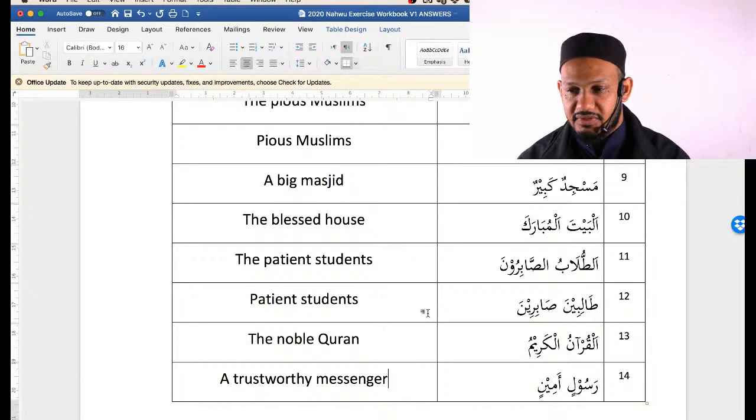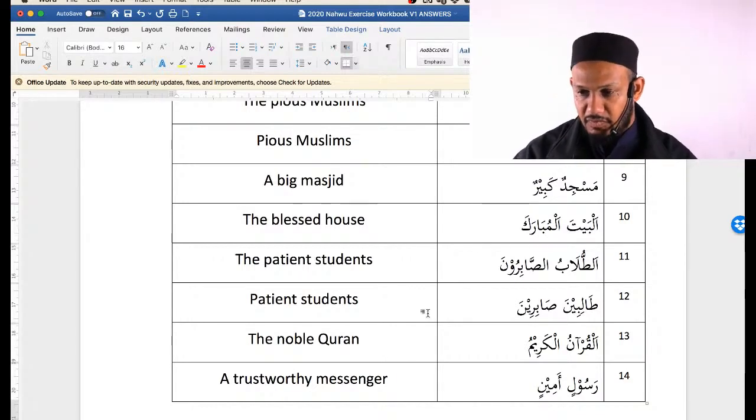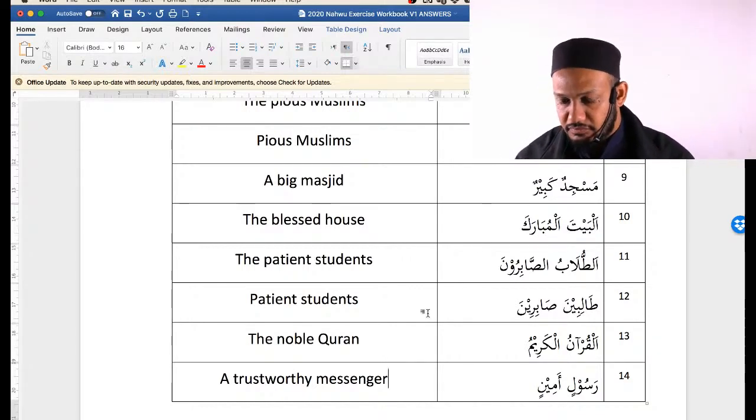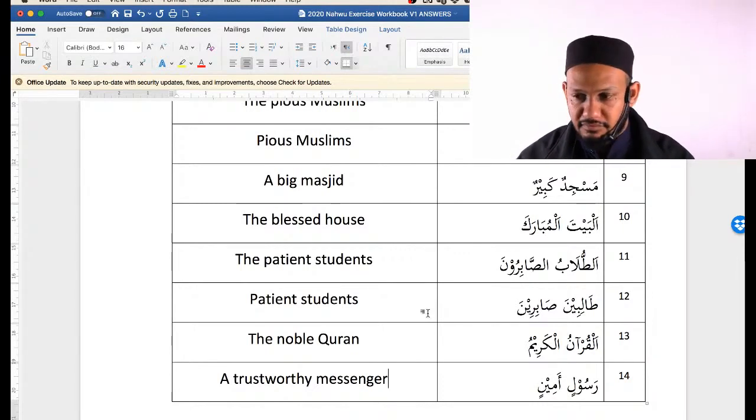Look at those examples and give me your thoughts. Okay, mashallah, Sister Nabila says that the words are swapped in order.